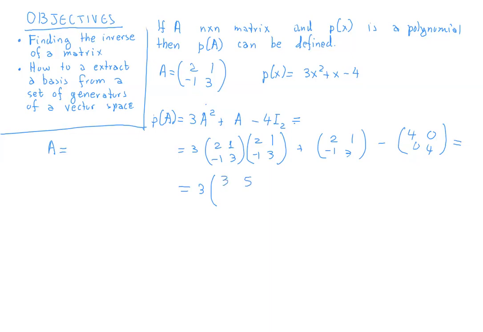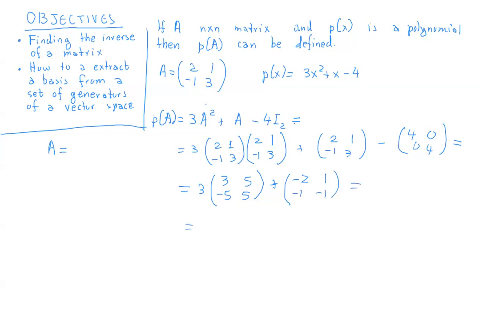3, 5, minus 5 and 5, plus, let me add these two matrices at first. So what do I get? Minus 2, 1, negative 1, and minus 1.